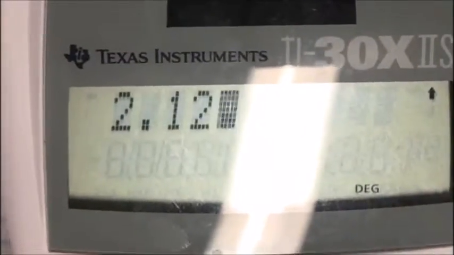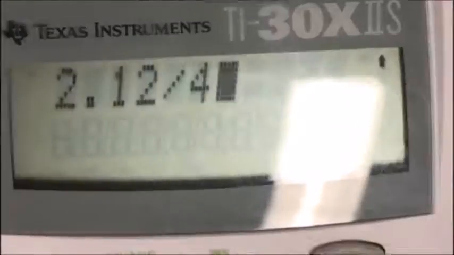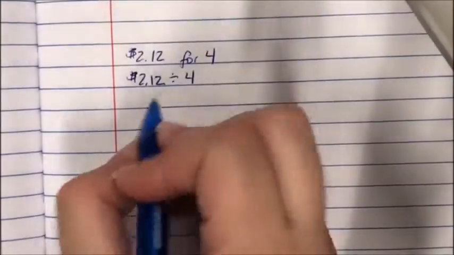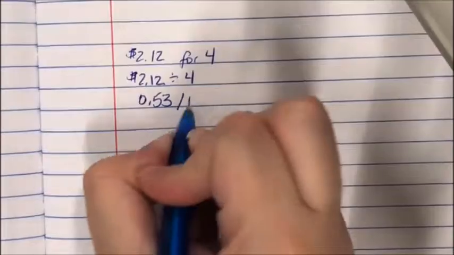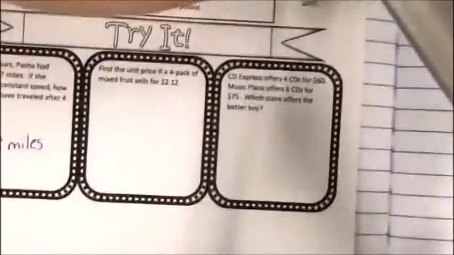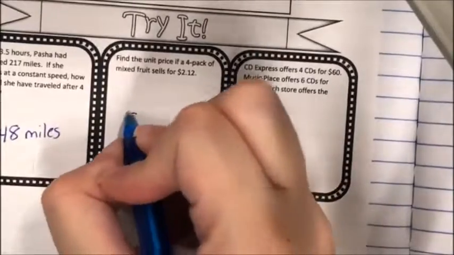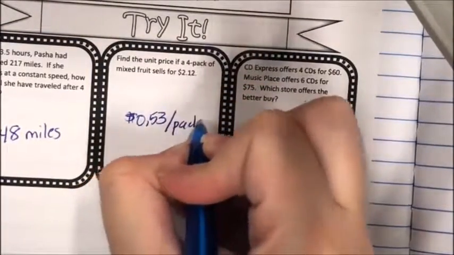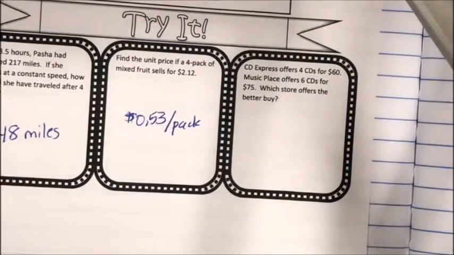So I take out my calculator again. $2.12 divided by 4, and I get 0.53. So that means it's 53 cents for 1 pack of fruit snacks. Okay. 53 cents per pack of fruit snacks.